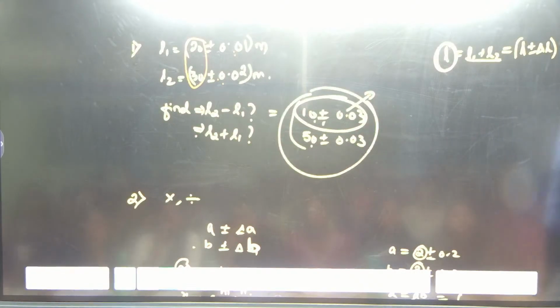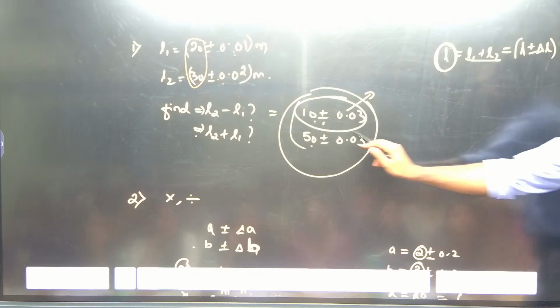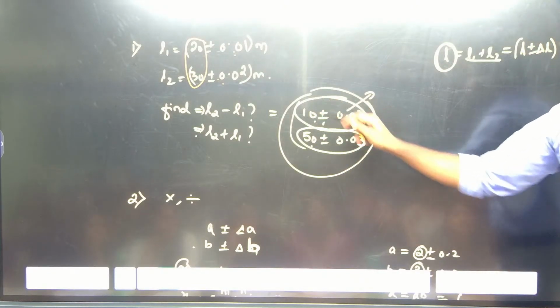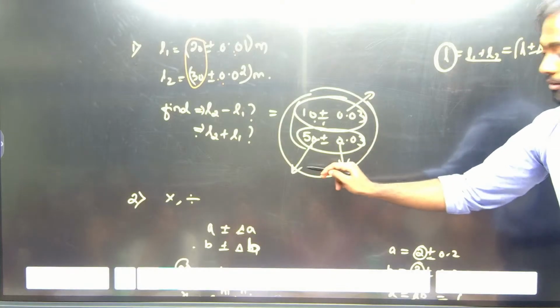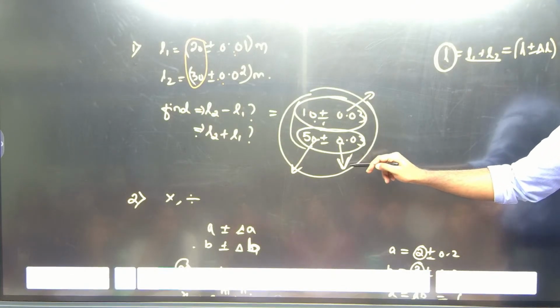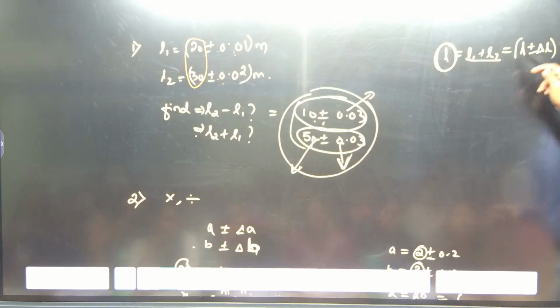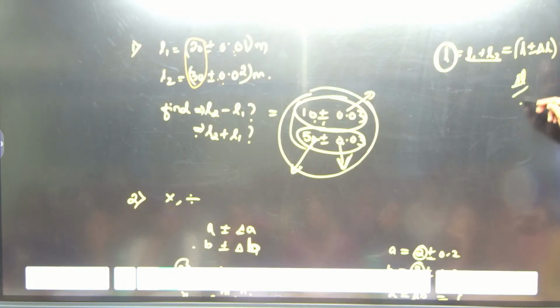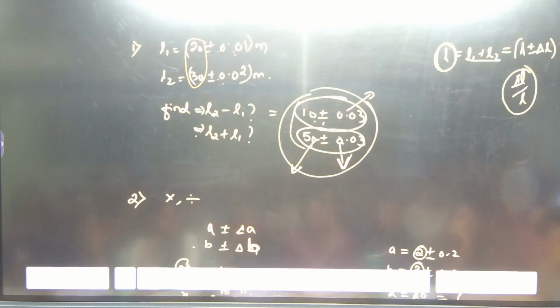What is the meaning of these two things? This is the error and this is the true value, which is nothing but this is the delta L value, this is the L value. So delta L by L will give the relative error. Getting the point? Relative error into 100 means percentage.